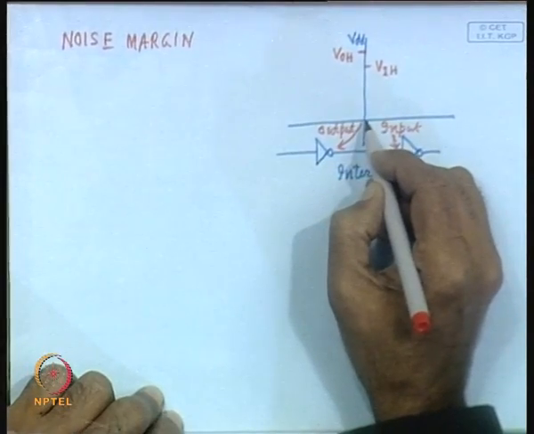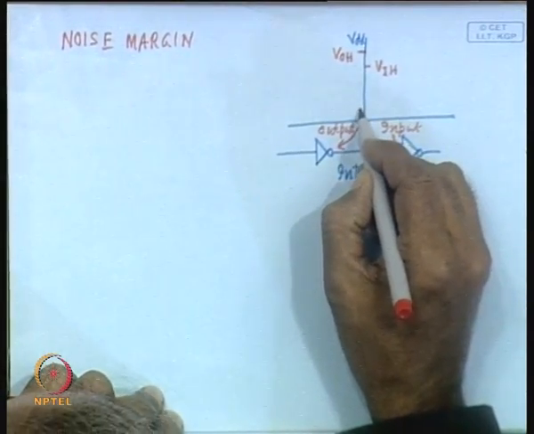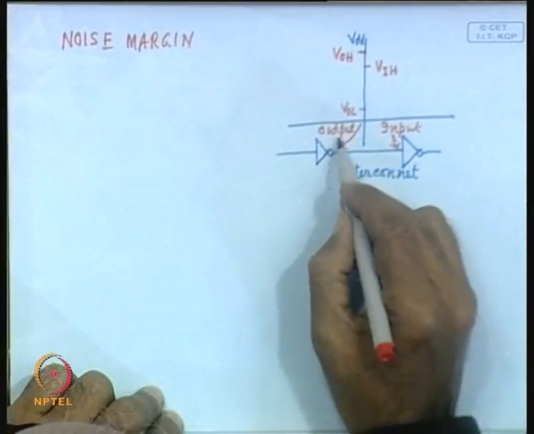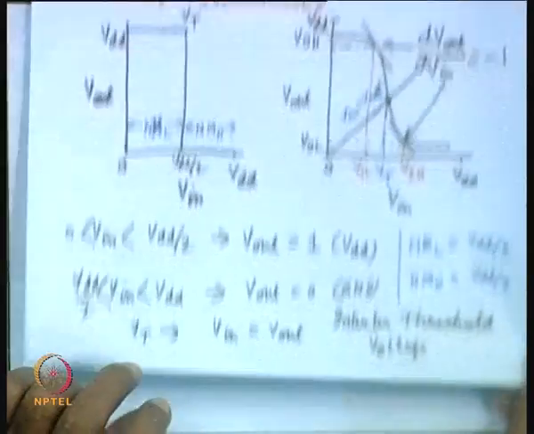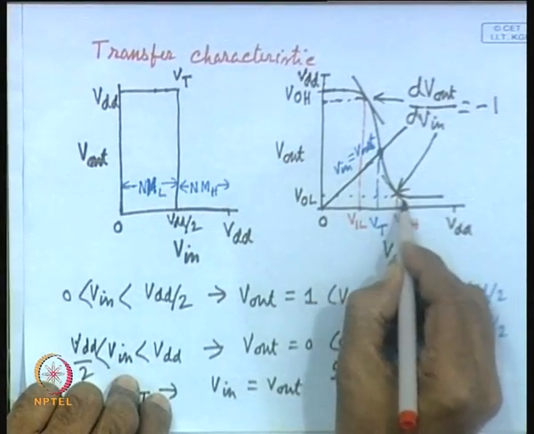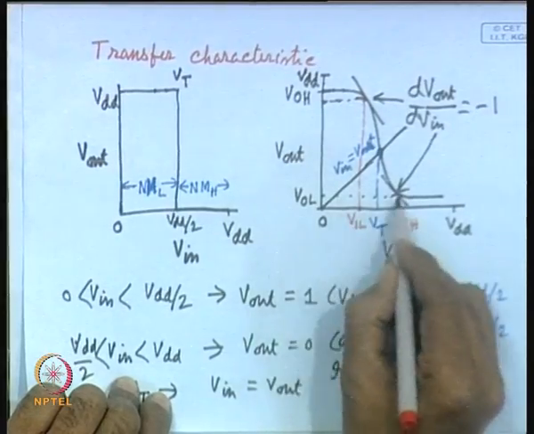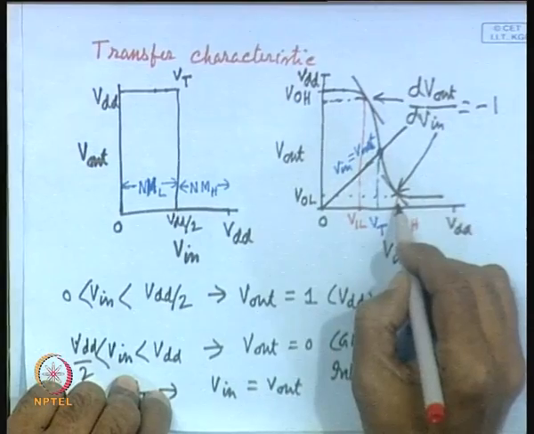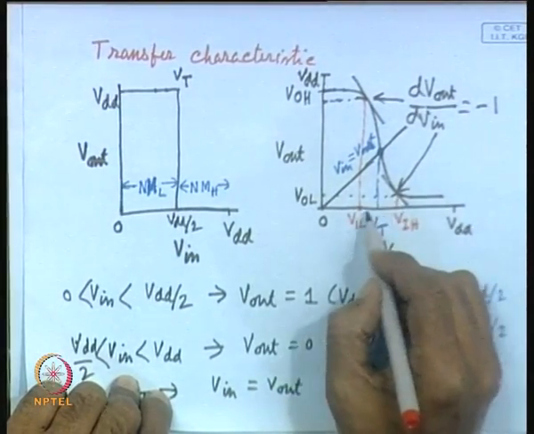Similarly, let us assume this is your VOL that is being generated by this stage. Whenever the output is low, it will generate a voltage like this. But how long will the output be considered a low level?